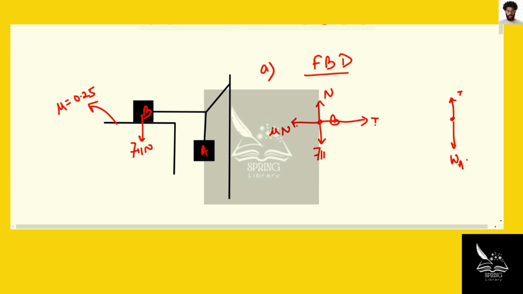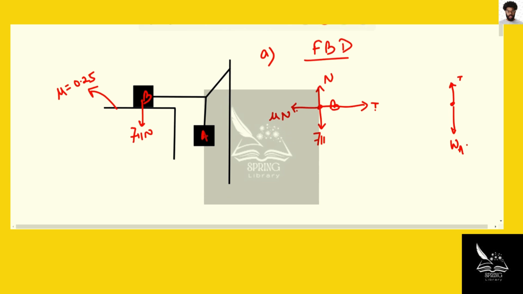So here we observe that, basically, let's say this is B, and it is given to be in equilibrium. So considering the equilibrium of the object, we will figure out the mass and the tension. For that, let's represent the forces here.